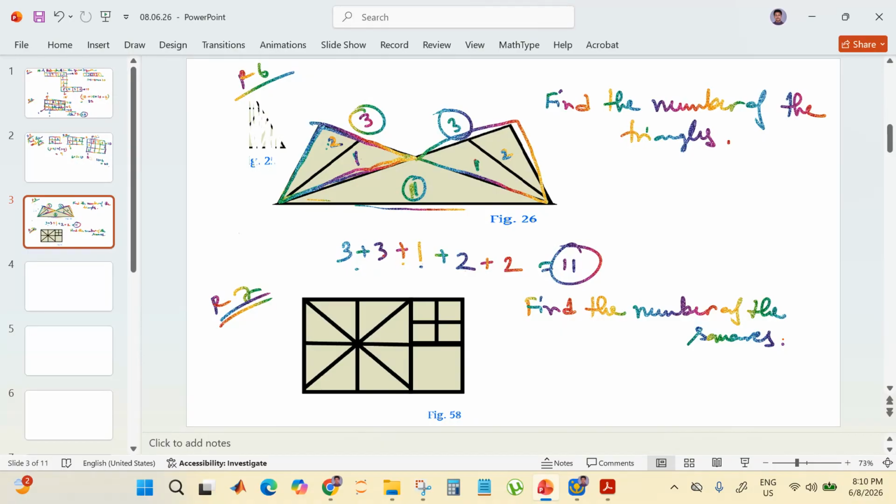If I combine any adjacent two similar figures, then it will be a rectangle, not a square. So you have to consider only the squares of the given figure.